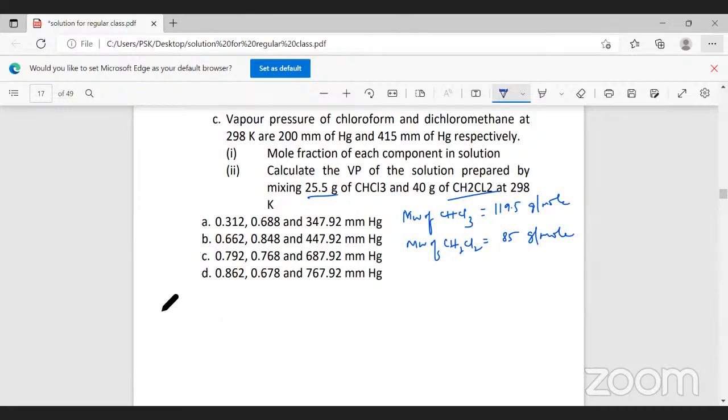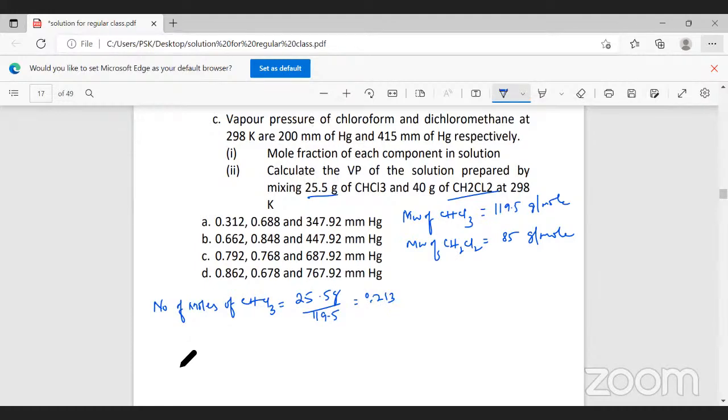Now, what is the number of moles of chloroform, CHCl3? In this question, they've given 25.5 grams. So 25.5 grams divided by the molecular mass of chloroform, 119.5, will give you 0.213.